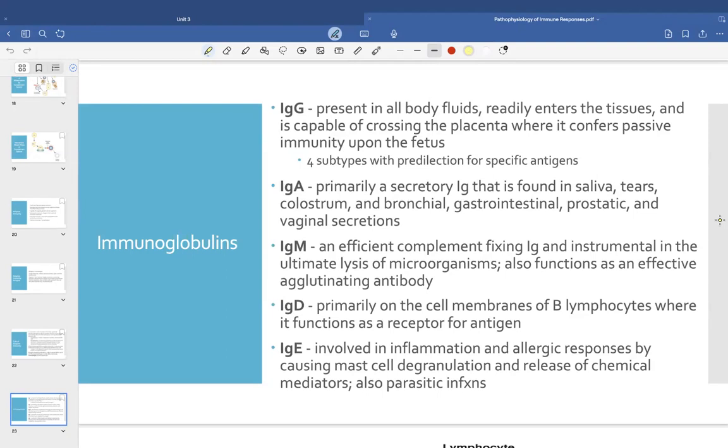IgM is very efficient, and it fixes complement, and so it starts that complement cascade that then draws more immune cells to the area. Which is why your IgM levels go really high when you have a new pathogen.